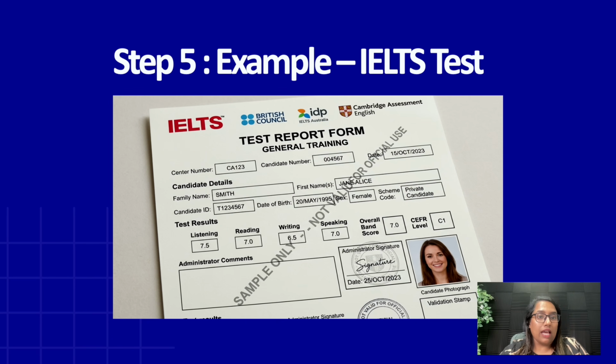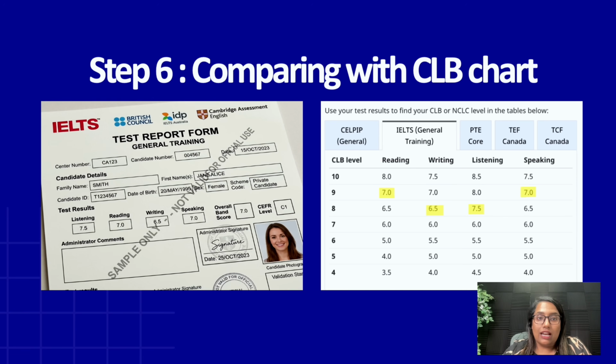Now an example with your IELTS test. If you have already written your IELTS test, you would have received a scorecard. The scorecard has your name, your details, and mainly your test results: listening, reading, writing, and speaking. The score you see on your scorecard is not converted into CLB, so you have to do the conversion to make sure you have the required CLB. Let's look at an example.